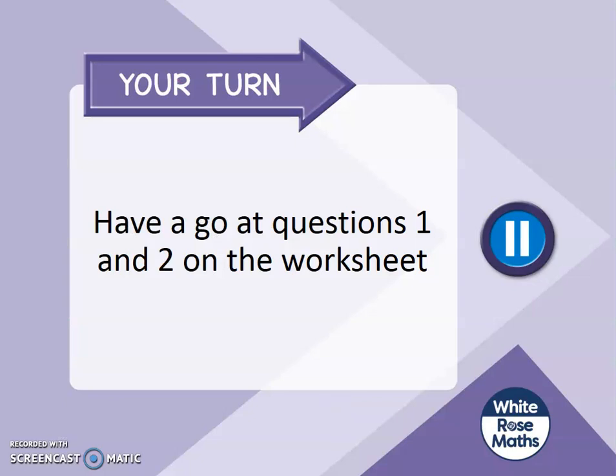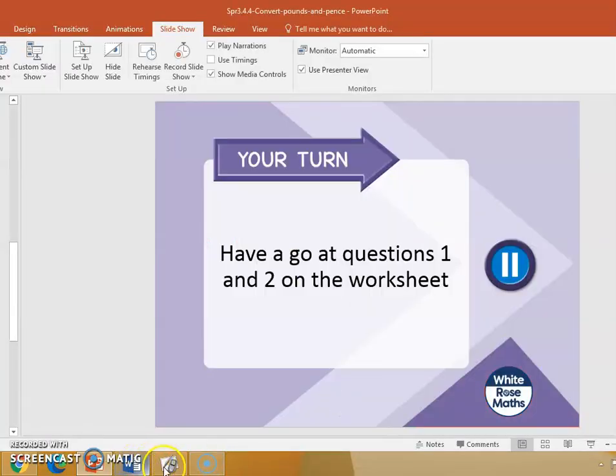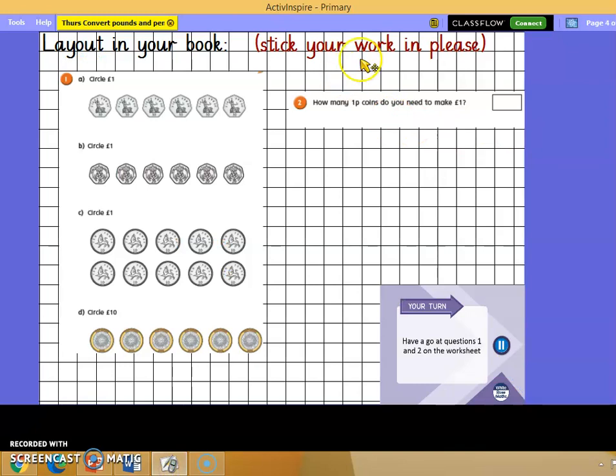I'd like you to then stop and look at questions 1 to 2 on your worksheet. I'd like you to lay it out neatly in your book, and you're going to stick your work in, please, nice and neatly lined up with the squares, and follow the instruction. For example, on A, B, C and C, it asks you to circle £1.